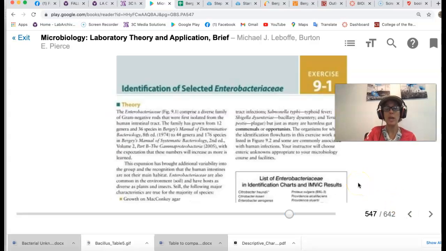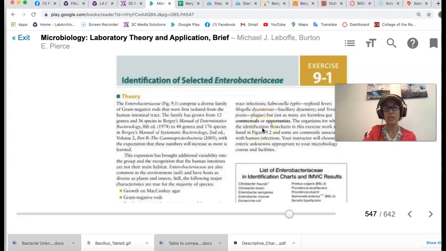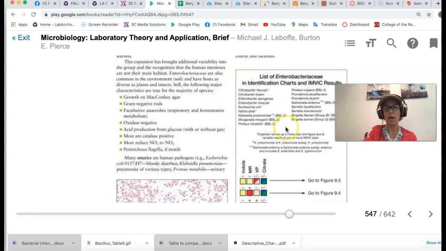If you have a gram-negative bacillus, those are a member of the family Enterobacteriaceae. And there's a list of possibles that are beyond what's on our list. Our list is that data for the dichotomous key. Those data are the 12 possible unknowns for the class.